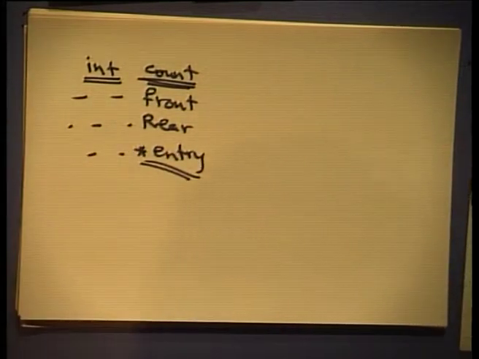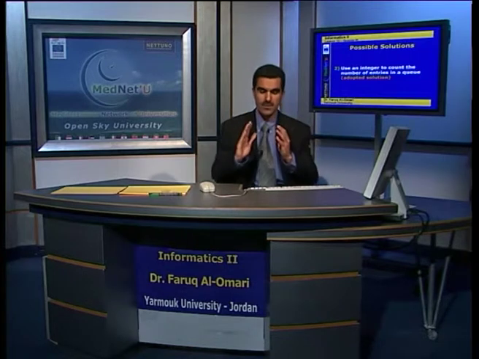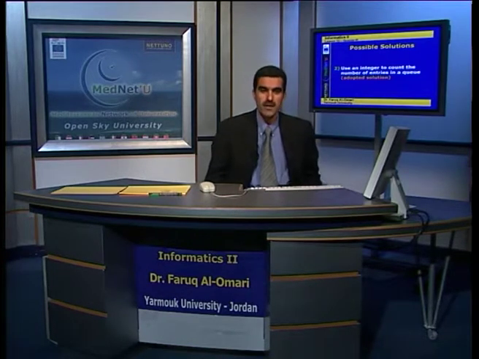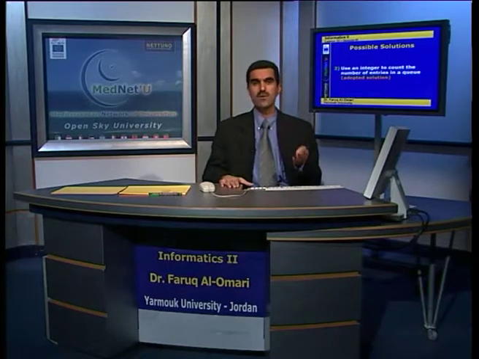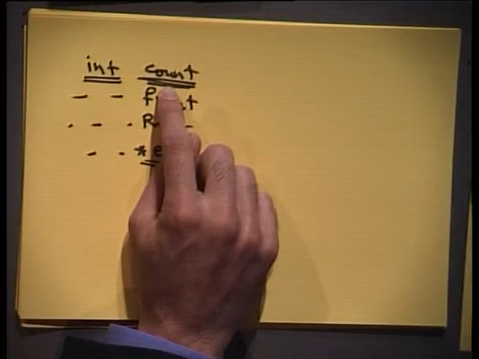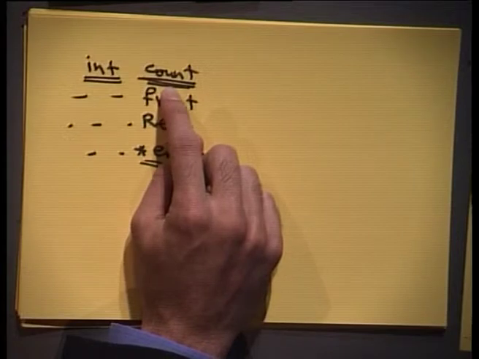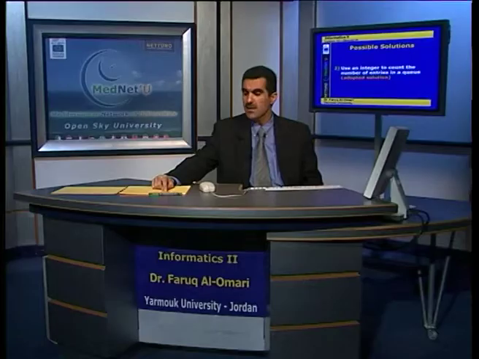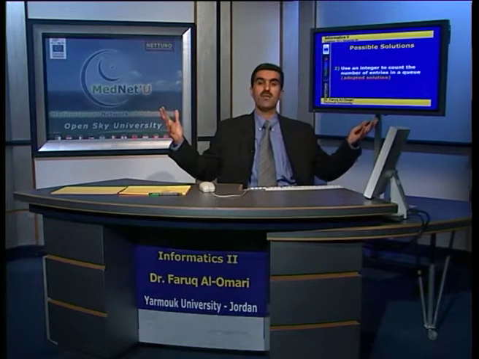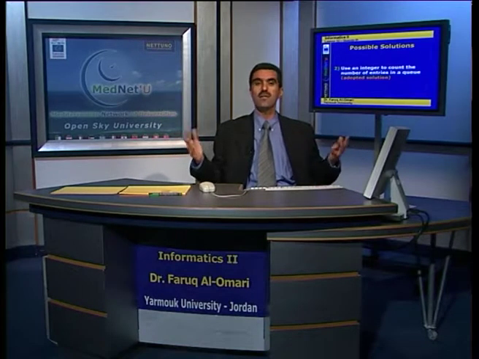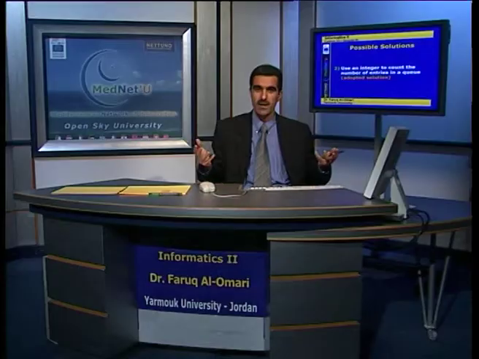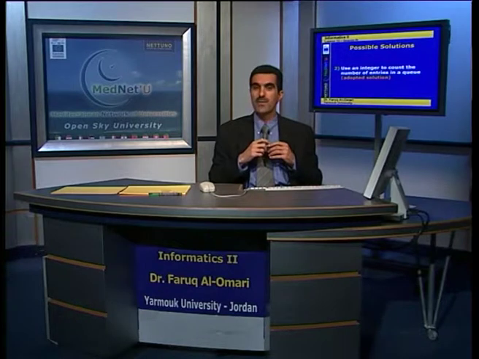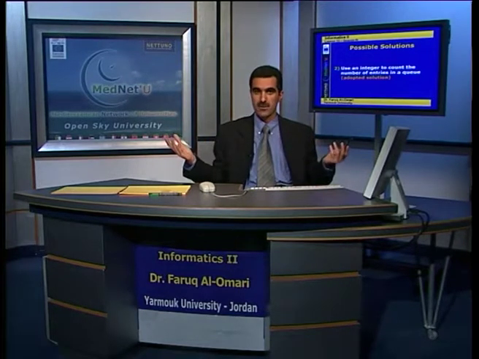In this case, I don't have to worry about leaving an empty space in the queue, but rather I can always check whether the queue is full or empty by looking at this number. If this number is 0, that means the queue is empty. If it is n-1, then the queue is full, regardless of the position of front and rear. So in that way, I can solve the problem without worrying about leaving space.